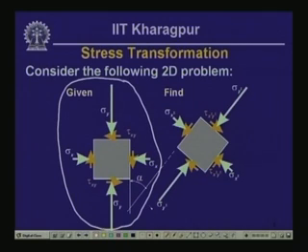We also know the coordinate transformation law, that means how we are going to transform the xy coordinate system to the x prime y prime coordinate system. That means we know this angle of rotation alpha, and our job here is to find out the quantities sigma x prime, sigma y prime and tau x prime y prime. That is our objective.